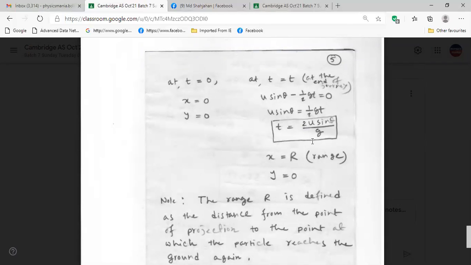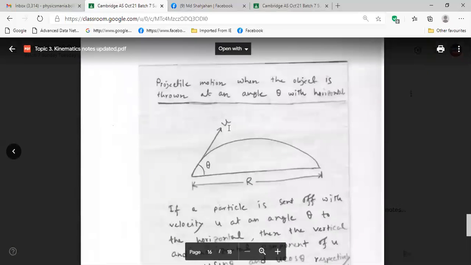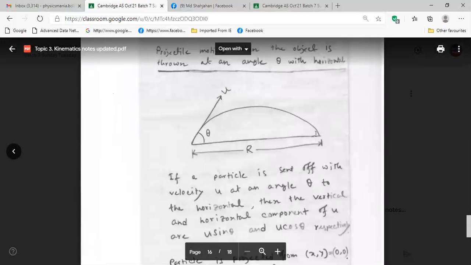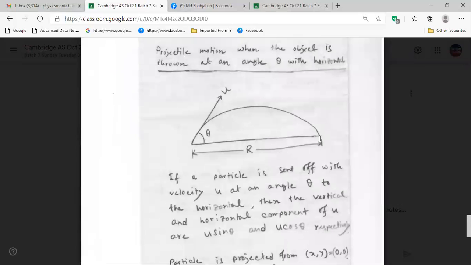And in this stage we have x equals R. After time t, according to this diagram, the horizontal displacement of the object is R, right? Yes, sir.